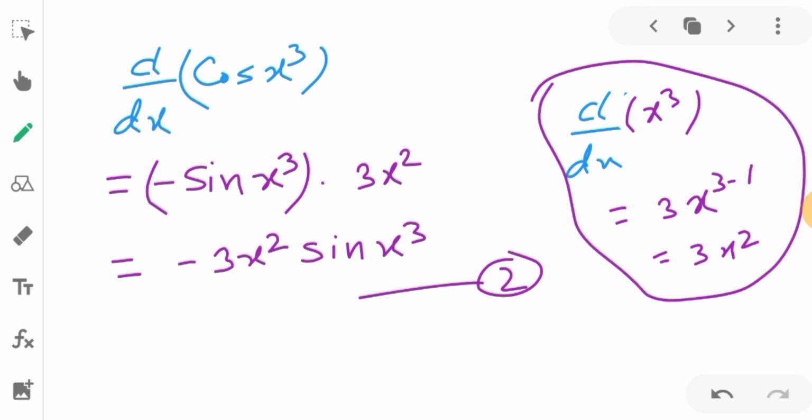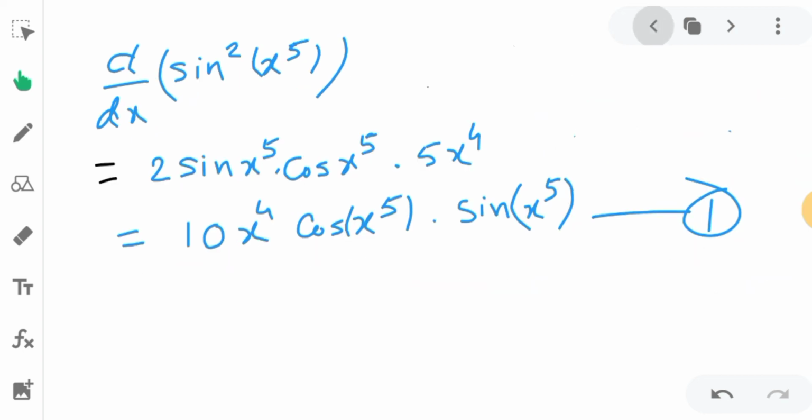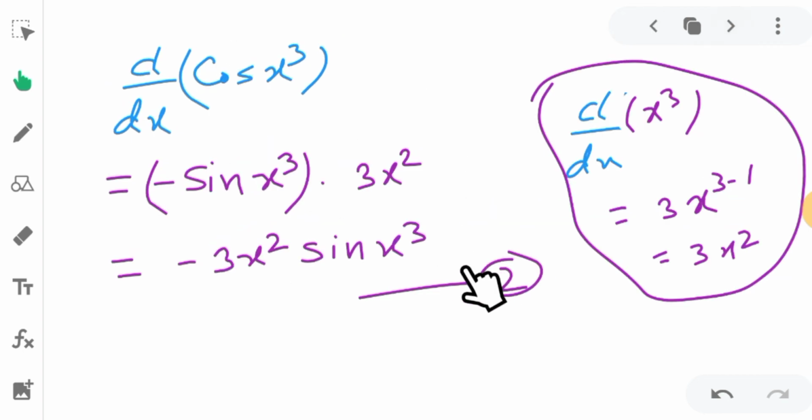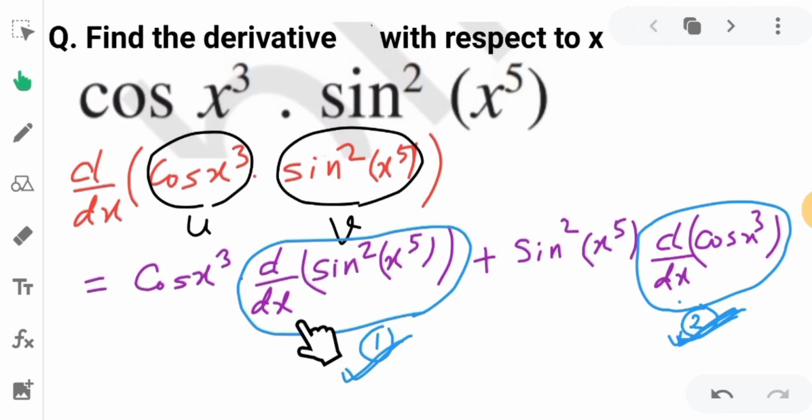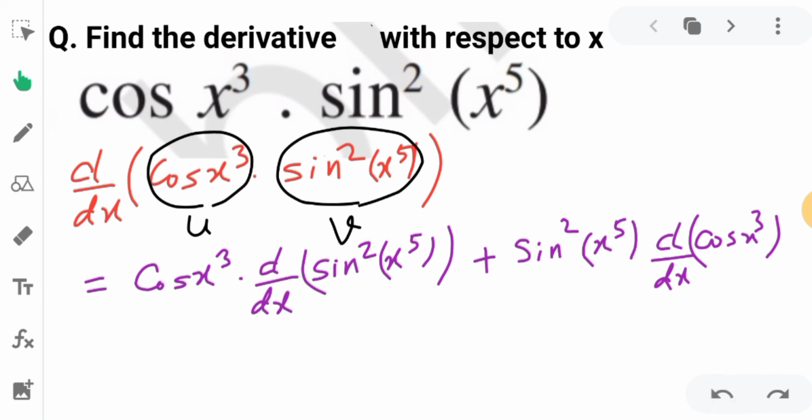Okay, this is the second derivative. Now I will put this value, first one and second one, in this. Here I will put the first one and second one, and that will be our answer.